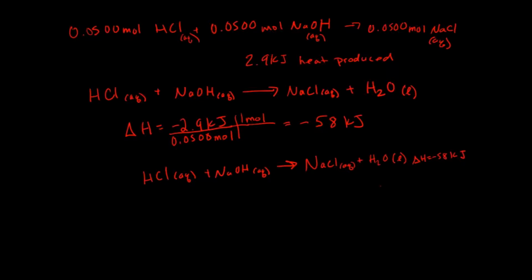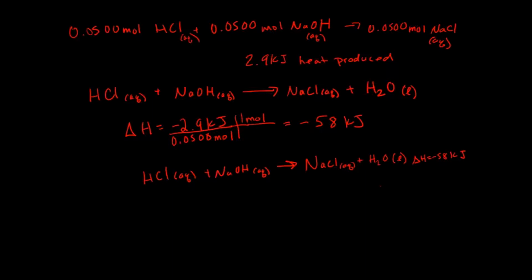Basically you're just taking your kilojoules for every mole and then saying, assuming it's 1 mole, this is how much it would be. And again, you could do this for any of the moles. You'd get the same number if you did it for sodium hydroxide.